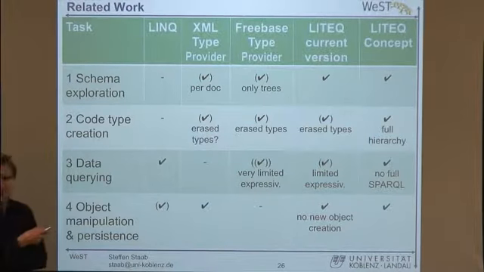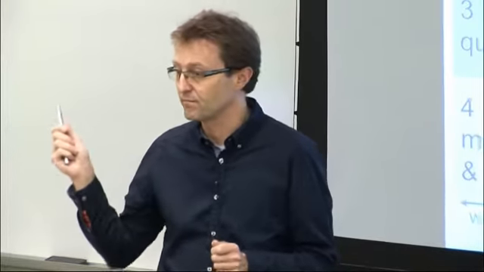Code type creation, including our current version, uses erased types. So for these erased types, the types are used at design time for doing the auto-completion, but then they're thrown away. And that has also some negative consequences in our current implementation. We don't have the full possibility to do a switch based on the type of an object at runtime.